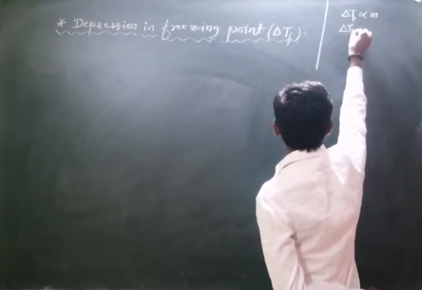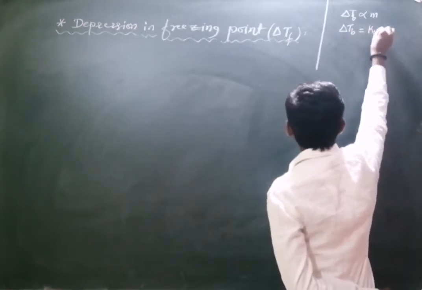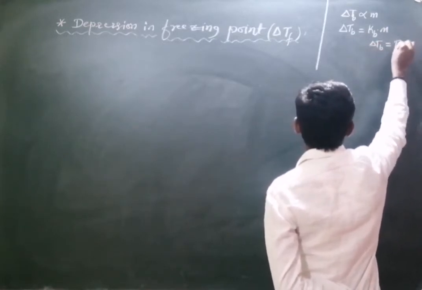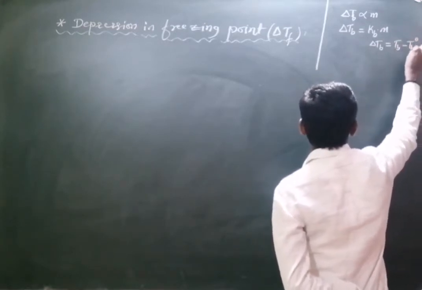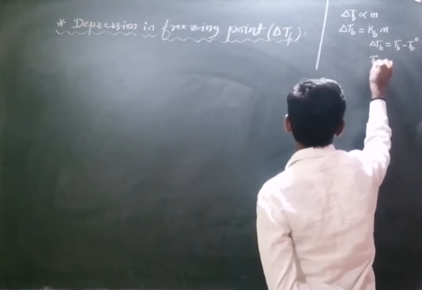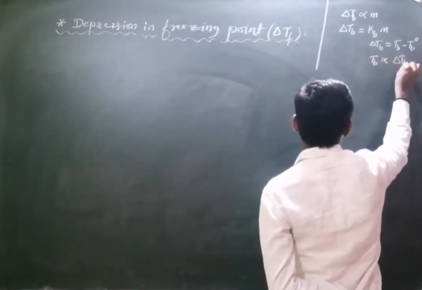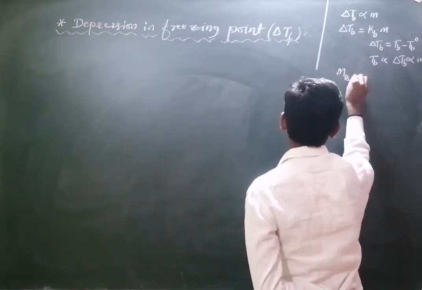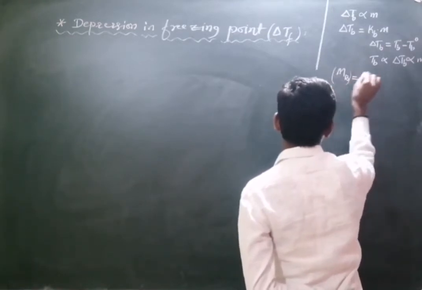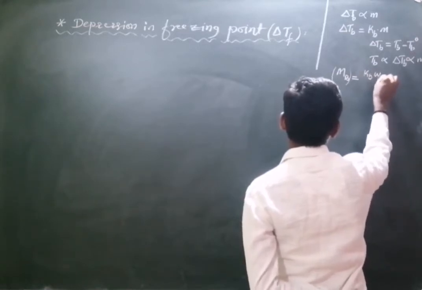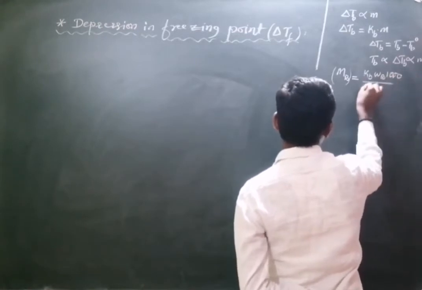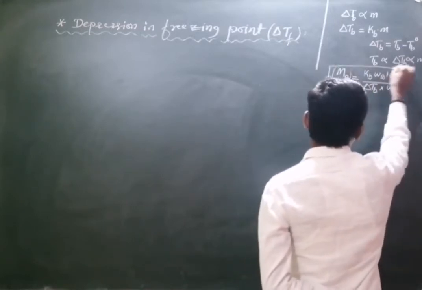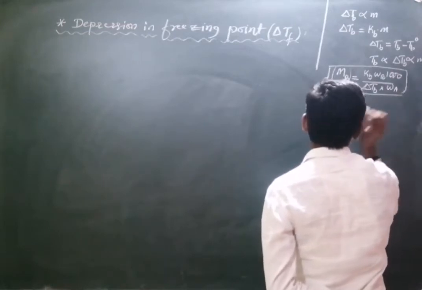Delta TB is equal to KB into m, where delta TB is TB minus T naught B. So delta TB is proportional to concentration, and the molar mass of solute Mb is equal to Kb Wb 1000 divided by delta TB into WA, to find the molar mass of solute, right?